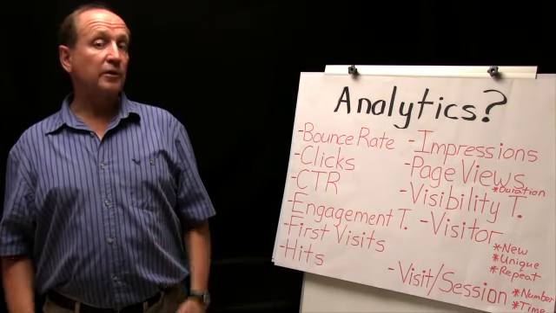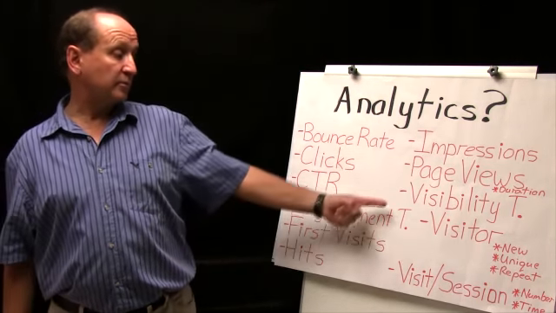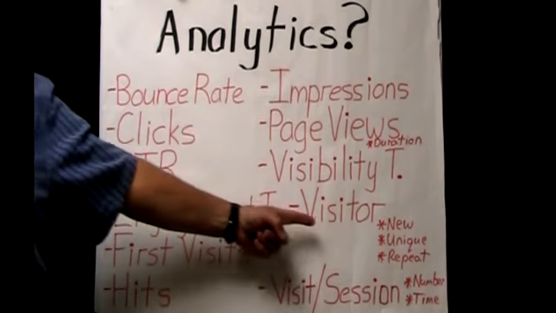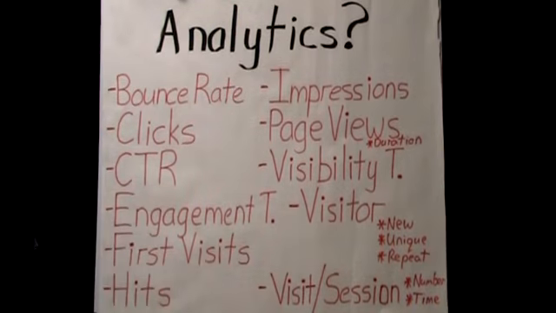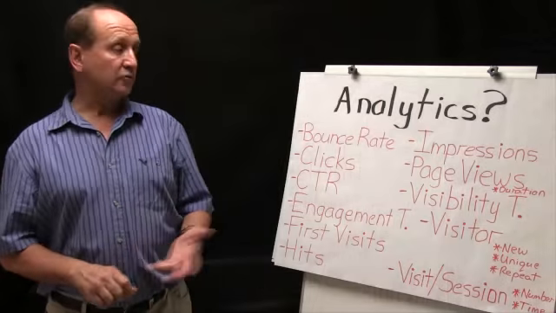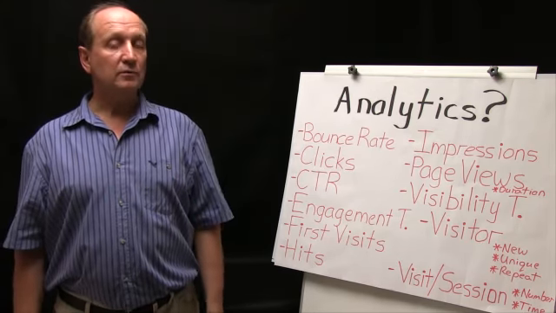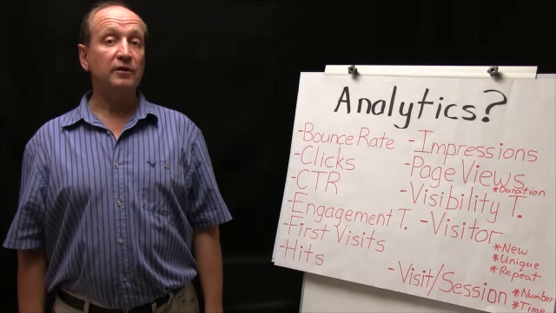It's slightly different from hits, and actually more sensible. There's visibility time. There's a number of visitors, and it's got subdivisions: new visitors, unique visitors, repeat visitors, all slightly different. And there's a number of visits or sessions, where again there's a number of visits and there's a time, or the average time per visit. Together all these things give you a complete picture of the performance and the traffic of a website.